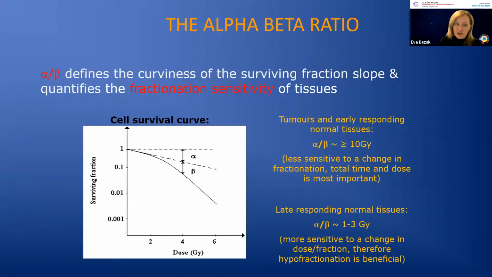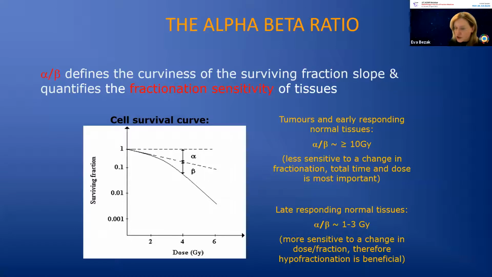The alpha beta ratio defines the curviness of this surviving fraction slope, and it really quantifies the fractionation sensitivity of the tissues. The tumors and early responding normal tissues, such as the bone marrow, have alpha beta ratios generally around the value of 10 grays, and that means that these tissues are less sensitive to a change in fractionation; total treatment time and the dose are most important.